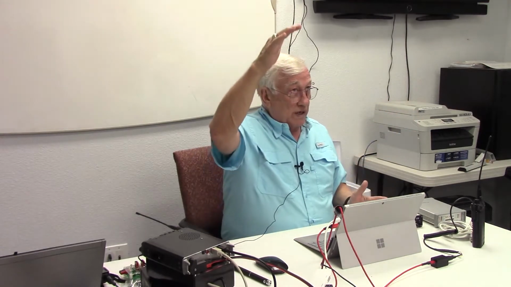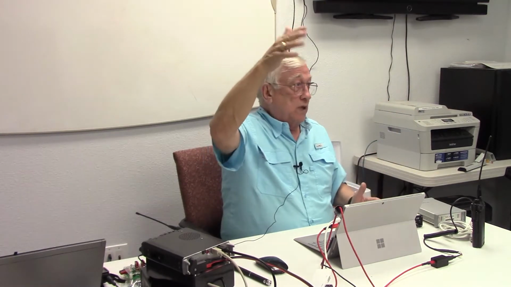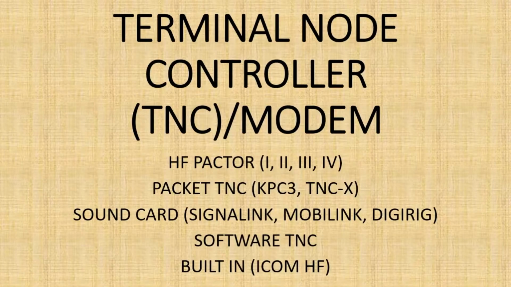Pactor 4 modems are about $1,500 with a 10% discount if you're affiliated with Emergency Management Agency. For the basic, they're at $1,500 to about $2,000 for a higher end modem. But I think some sound card software modems are going to give them a run for their money.